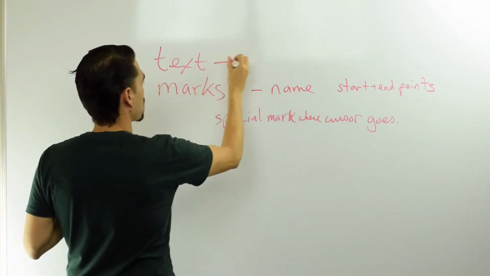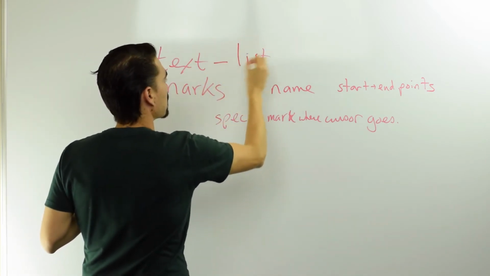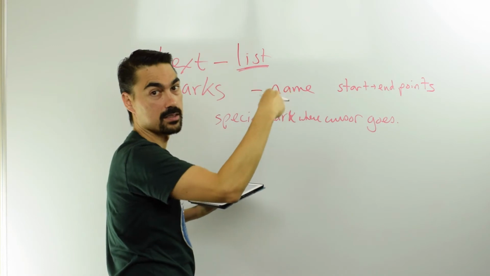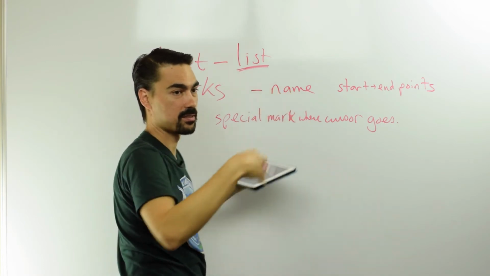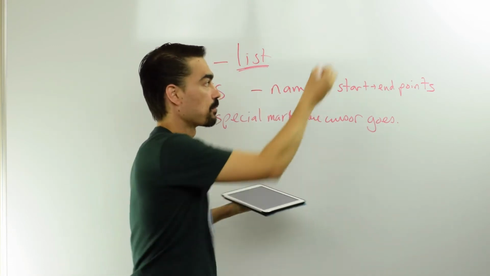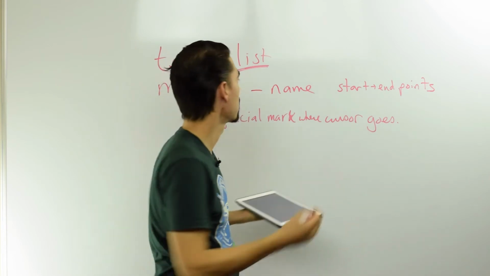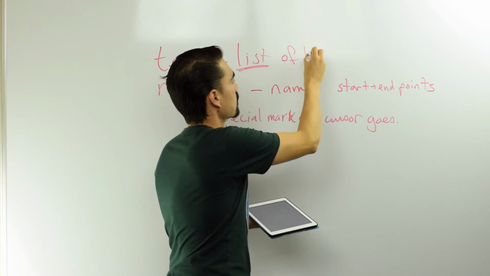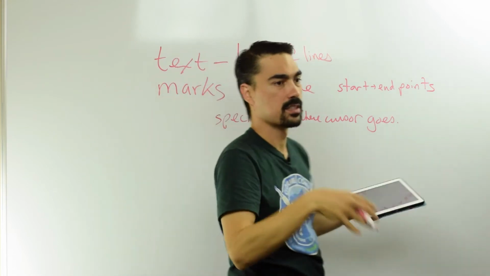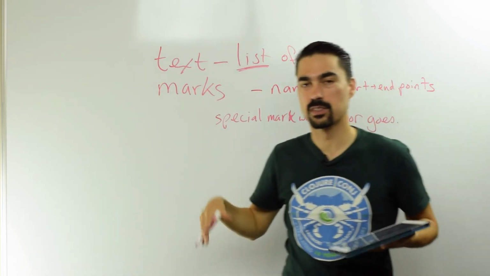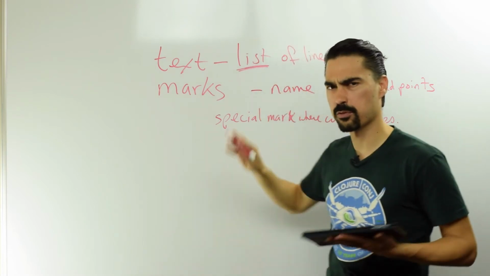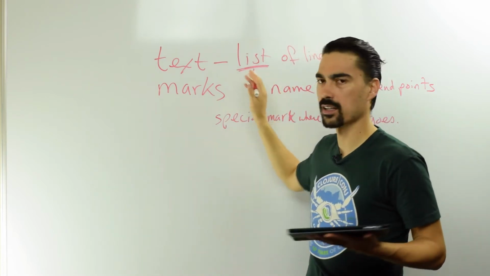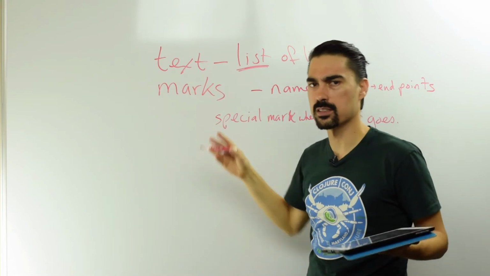So this text is a list, and I say list, I'm not talking about the data structure list. I'm talking about like, if I wrote a list on a board, it's a list. List of lines. We will have to eventually define it in terms of data structures. But for right now, we're not thinking about, is it a vector, is it a list, what is it?